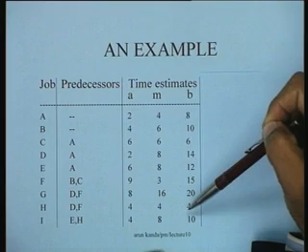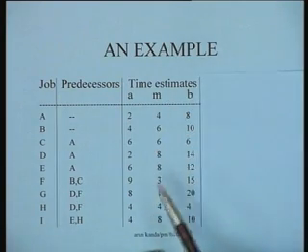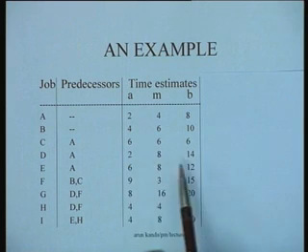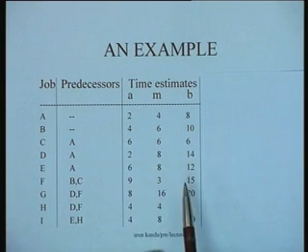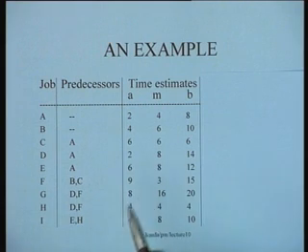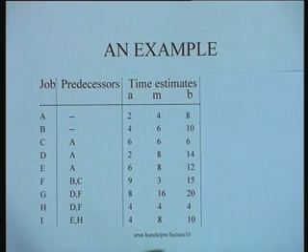And there are certain activities which have greater variance depending upon the nature of the activity and the kinds of factors which affect the activity. So this is the starting point of obtaining the time estimates.